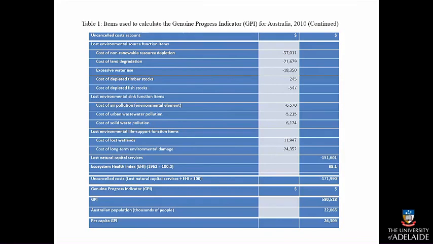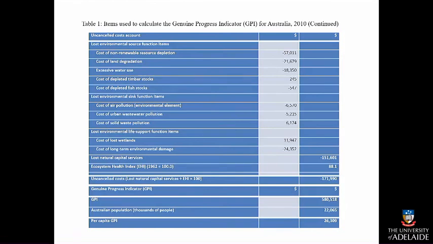And here's our uncancelled costs account. There's all these environmental costs. I've categorised them because ecological economists talk about lost natural capital services in terms of the loss of three particular functions served by the natural environment. That is the source function, providing a source of resources, so all the resource depletion costs are in there.